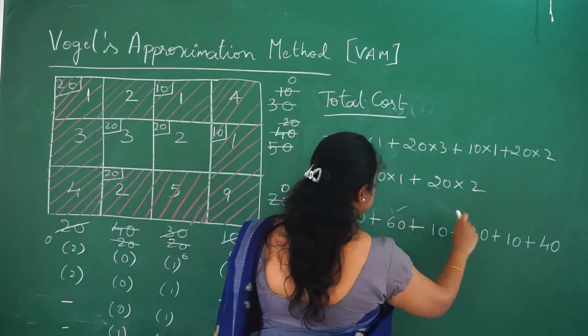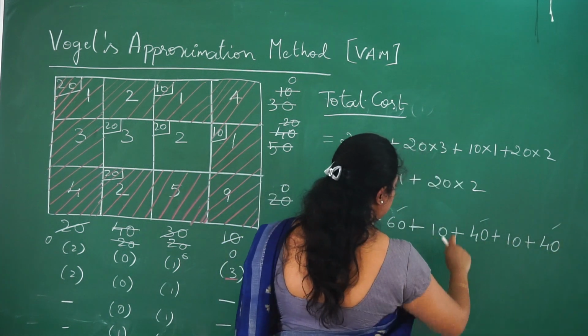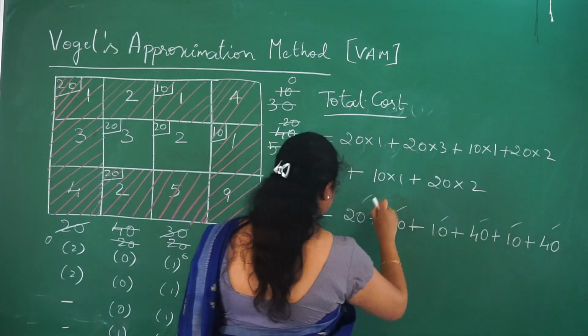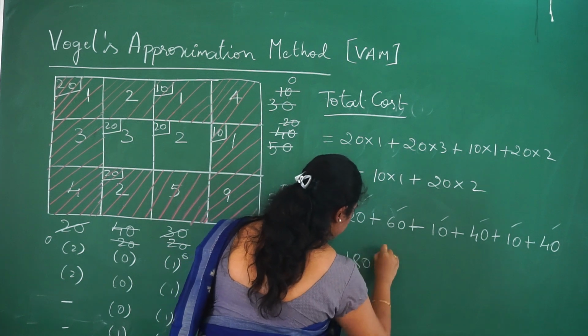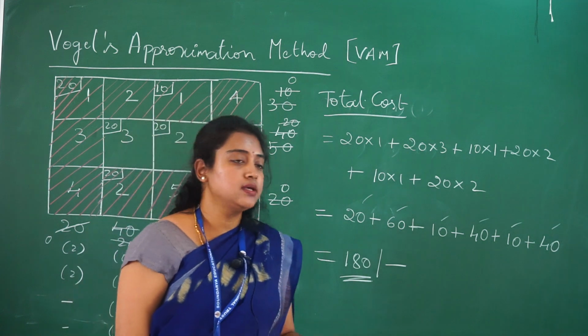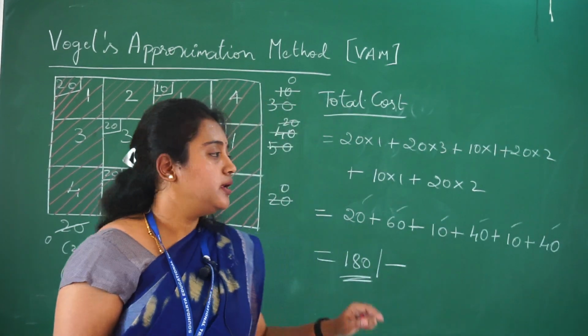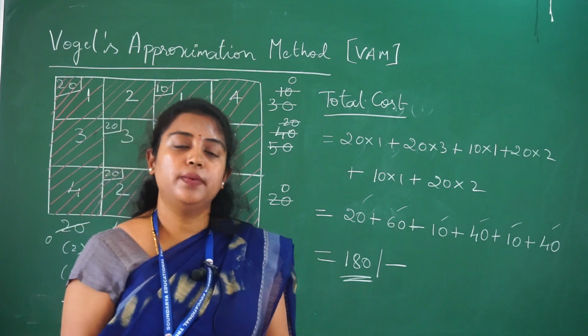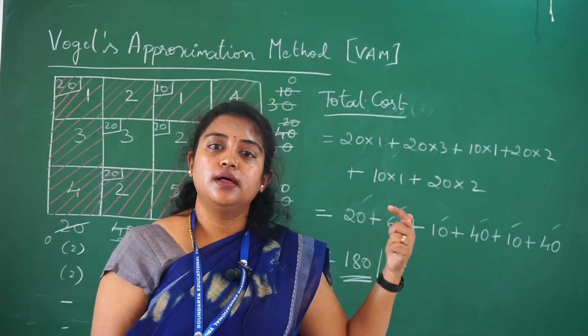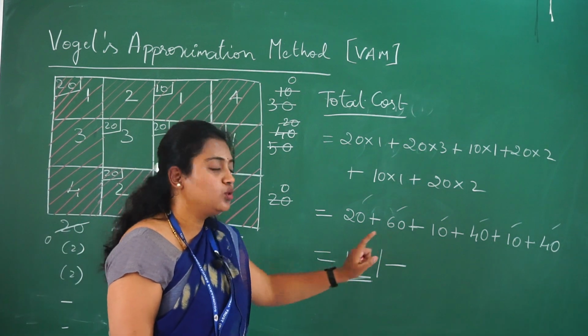Now 60 and 40 is 100, 100, 140, 150, 160, 180. So here also you got 180 as the total cost to travel from one place to another place, but in many of the problems you will get the least cost in Vogel's approximation when it is compared with NWC and least cost method. Okay. So this is the total cost 180, in both you got 180.